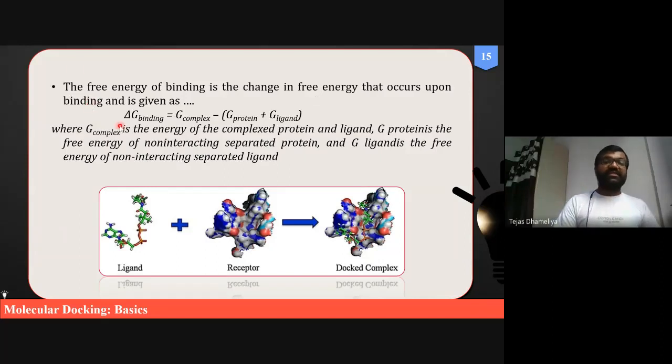So delta G of binding, meaning the change in free energy for binding of this complex, is equal to the free energy of the complex minus the summation of the free energy of the protein and the ligand. It is just like if A reacts with B, it will form C. So the change observed is equal to the energy of C minus A plus B.